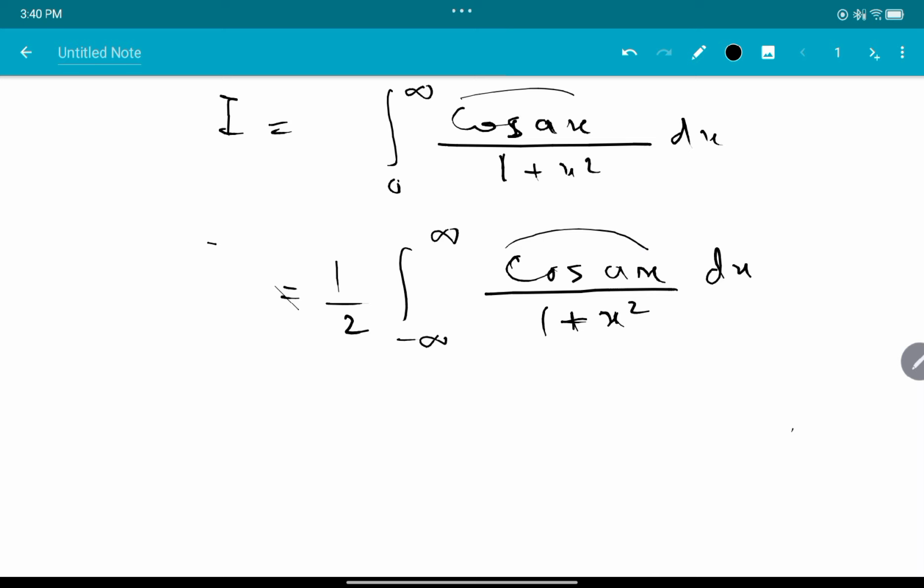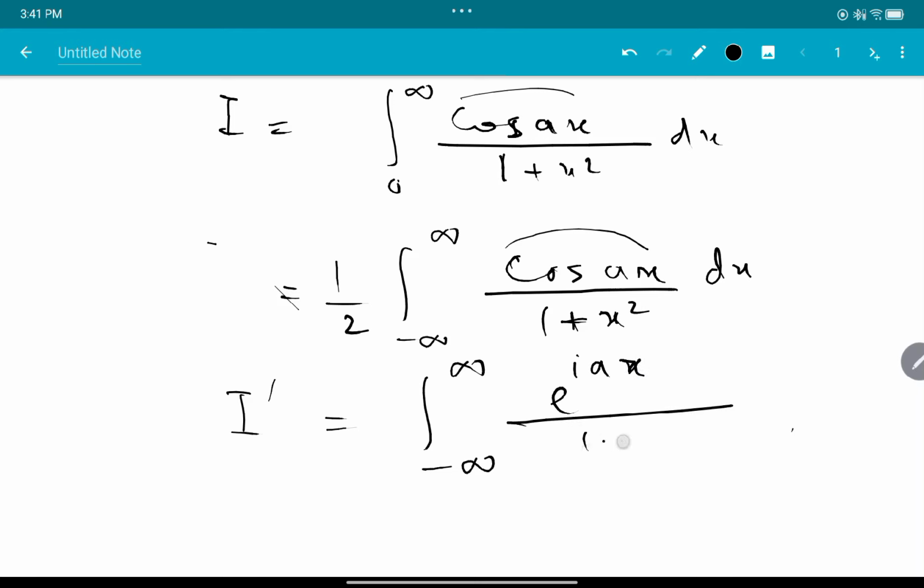What does that mean? Instead of cos ax, I will first evaluate this integral I dash equal to the integral from minus infinity to plus infinity of e raised to i a x divided by 1 plus x square dx.